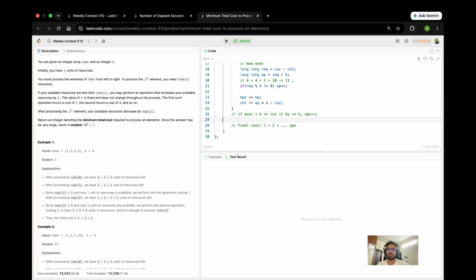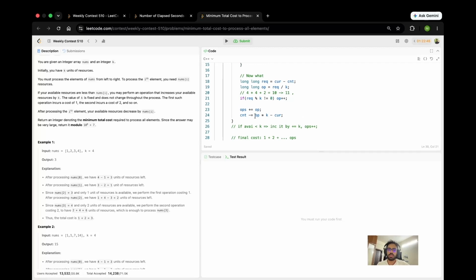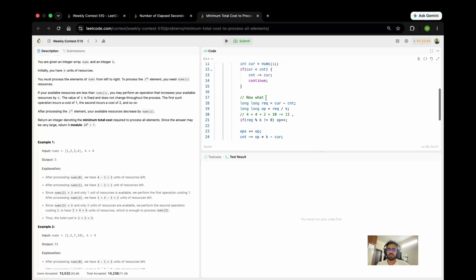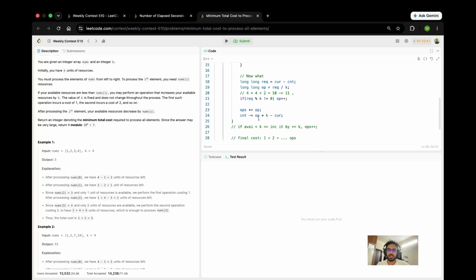Okay. Final, because this is right, answer equals to what? Operation into operation plus 1 divided by. Return answer. We have to take mod now, so we'll take mod here as well. We'll take mod at a lot of places, I think.